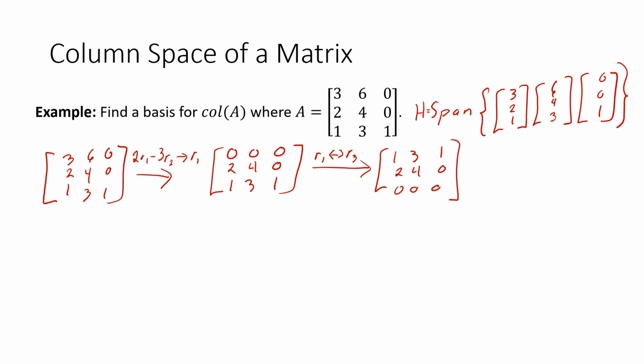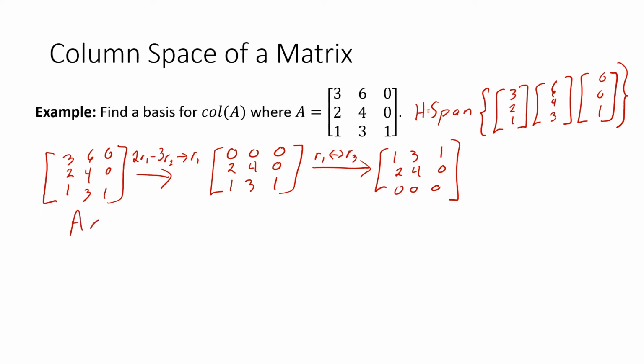And then, actually at this point, that's all that I have to do. I didn't even have to do that last step. At this point, you can see that we have two non-zero rows. What we were trying to do here was show if these vectors are linearly independent. When you have the square matrix, as soon as you get a row of zeros, you know that they are not linearly independent.